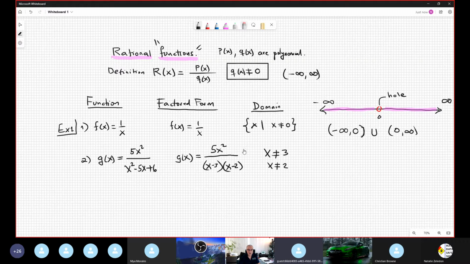Let me erase to put it in an elegant way. Domain is open brace, because I want to use set builder notation. And this is interval notation.